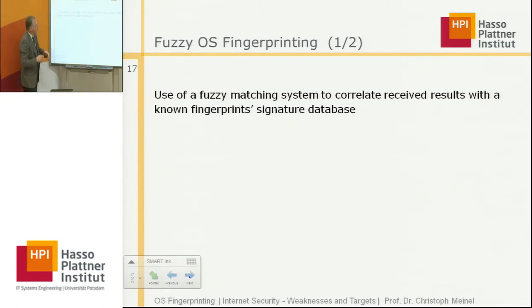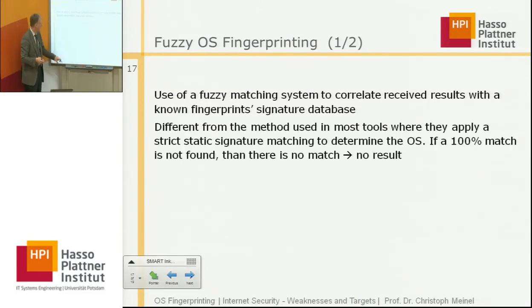So the approach of fuzzy operating system fingerprinting is not to insist that at the end of this process an exact operating system is mentioned, but to give an answer that says it is highly probable that such a system is used. The use of such fuzzy matching systems is to correlate the received results with a known fingerprint signature database, and then to come up not with a yes or no answer like the traditional methods we discussed up to now.